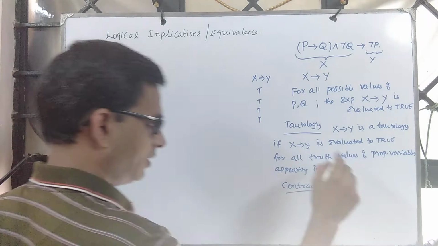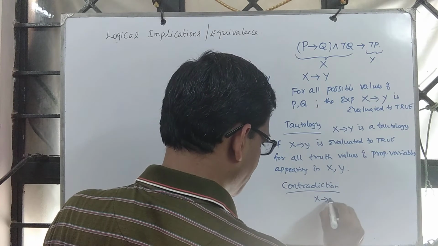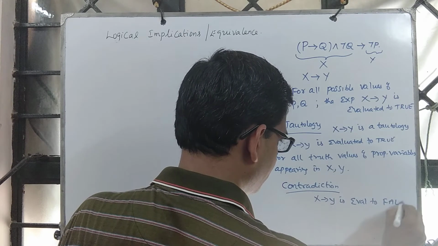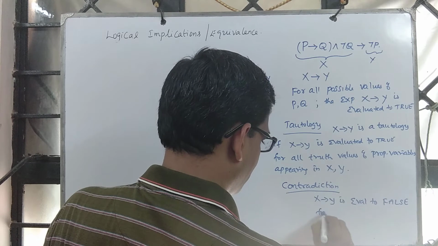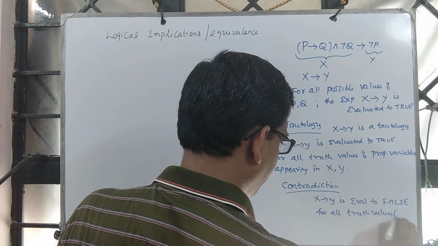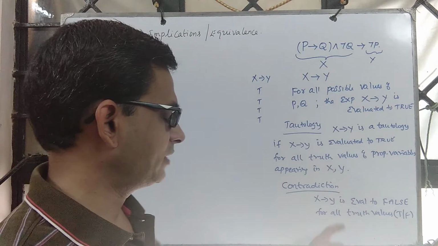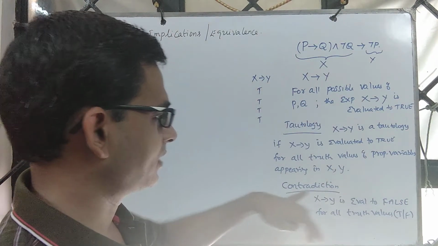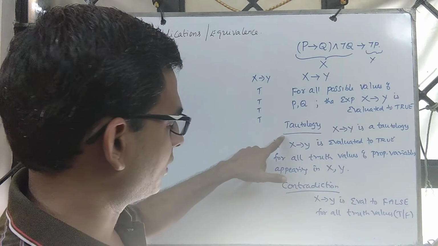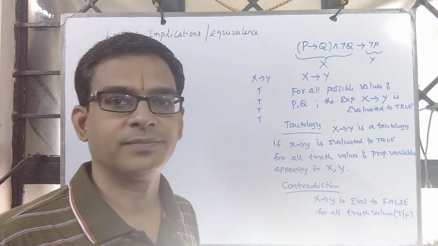For all possible truth assignments, if x implies y evaluates to false for all truth values, true or false, then it is a contradiction. If the last column is true for all of them, it is a tautology. If it is false for all of them, it's called a contradiction. Okay.